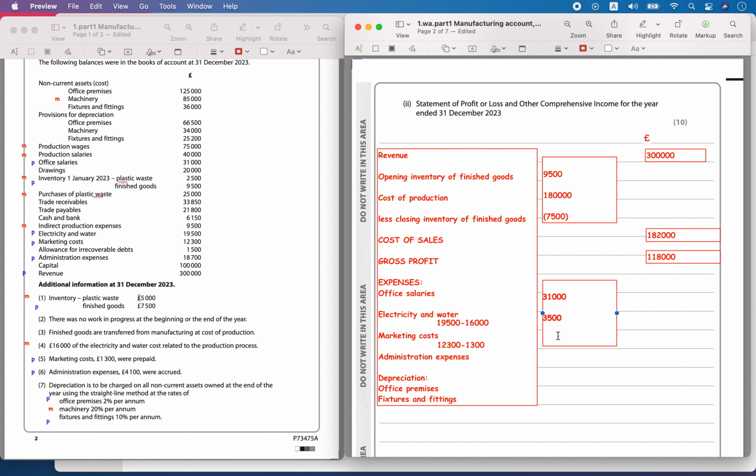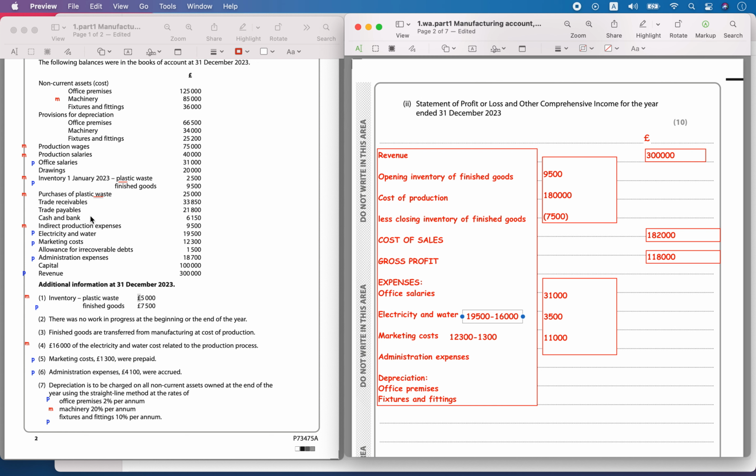What is the marketing cost incurred in this year alone? It will be around 11,000. So any prepaid expense has to be removed, which is stated here.